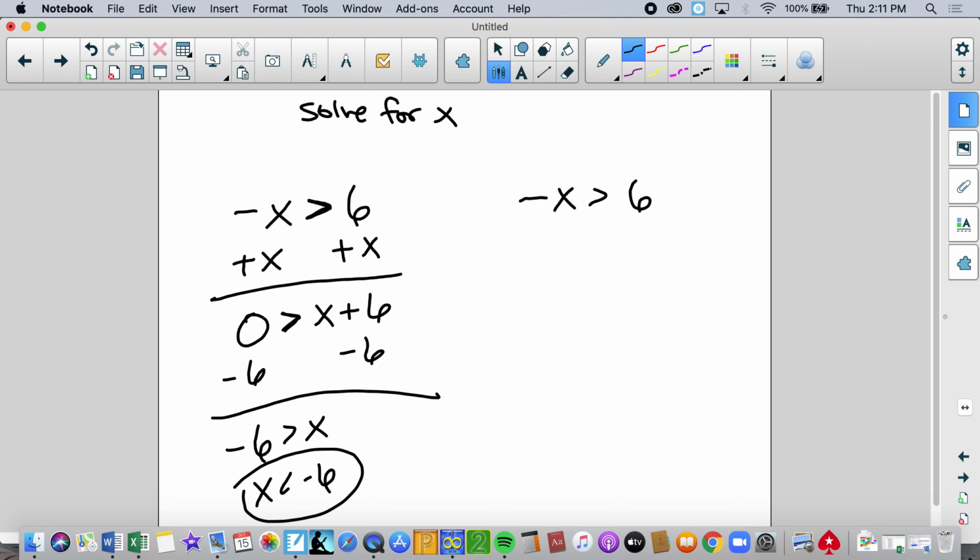If I wanted to multiply by negative 1 in order to get that variable positive, I have to flip the inequality sign. Notice the variable stayed on the left side. In the first example, the variable went from the left side to the right side, and that was physically moving it over in order to make it positive.